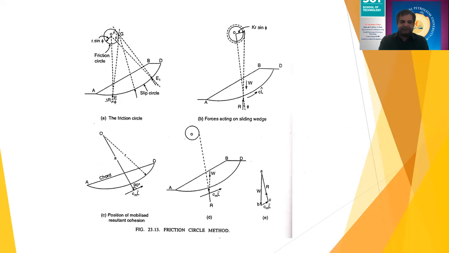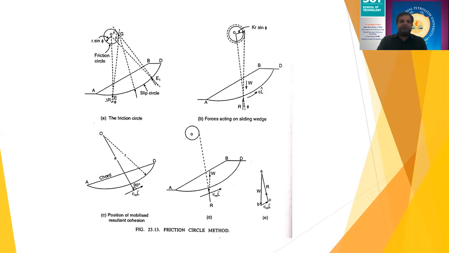You can see that this is a particular slope that we need to analyze. Now assume this is a circular failure, or the slip circle through which the particular slope is going to fail. In such conditions, you need to understand what are the different forces that act on the slip circle, and through this method you are going to find out the factor of safety for the cohesive friction soil.